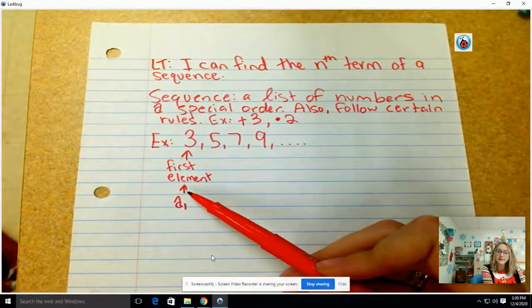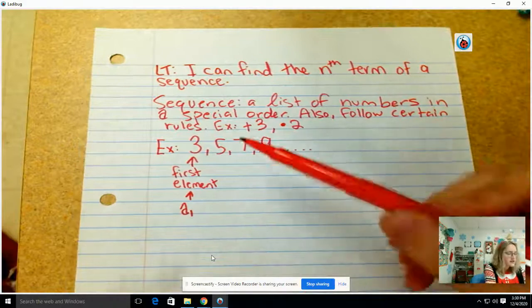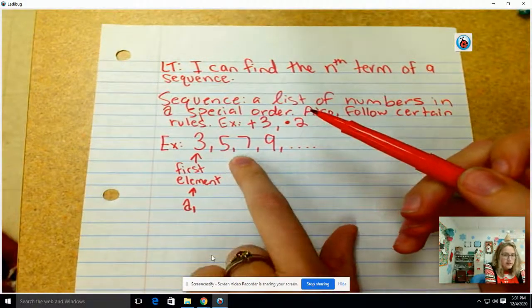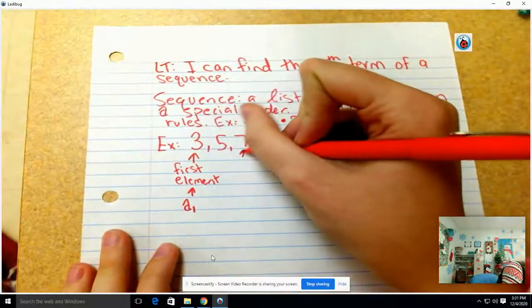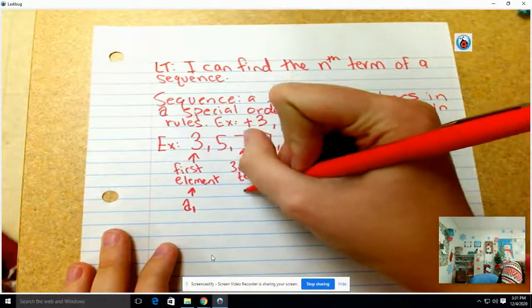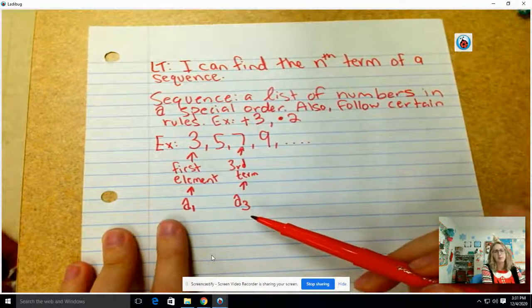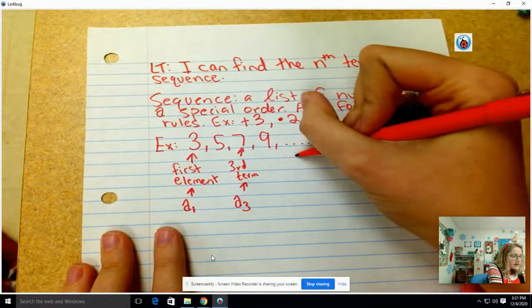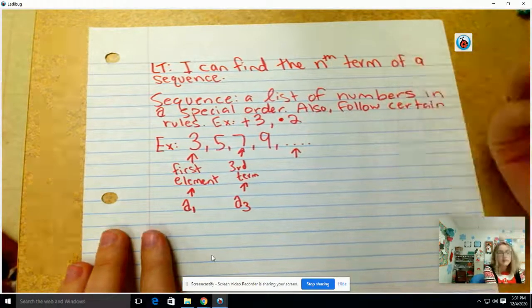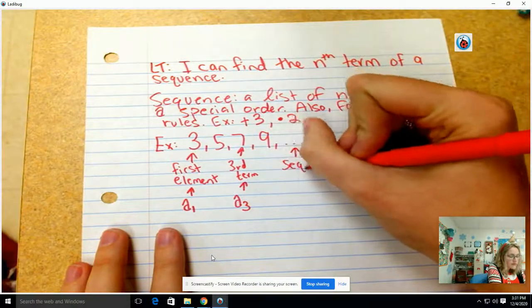We're used to exponents that are up here; a subscript's down here. These might sound familiar from science class. This one would be your second element, your second term. This would be your third term, so A sub 3, or you might have different letters there, but typically we see A. And these dots are typically called an ellipsis in English. This lets you know that the sequence goes on forever.